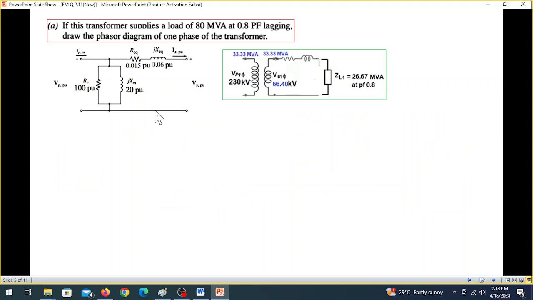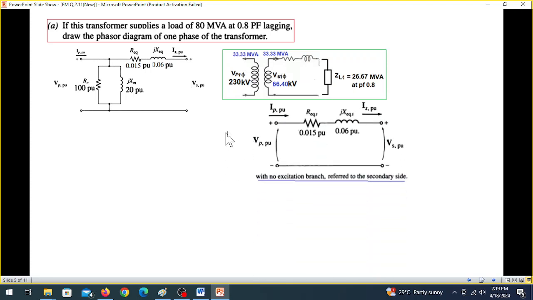Okay, now to the question. If the transformer supplies a load of 80 MVA, 0.8 PF lagging, draw the phasor diagram. So we have to draw the phasor diagram for one phase. And as we have already discussed, this 80 MVA will now become 26.7 MVA at 0.8 power factor. Now for drawing the phasor diagram, we will remove the excitation branch to further simplify.